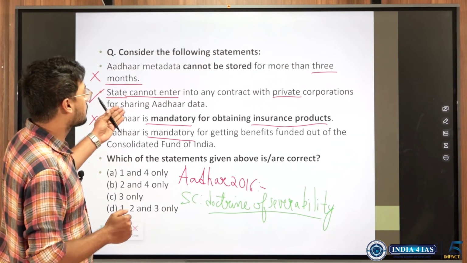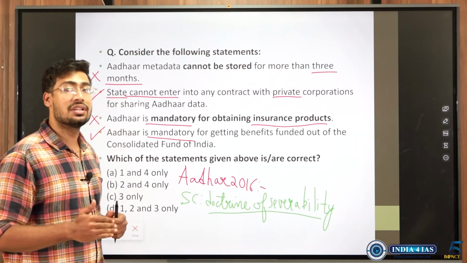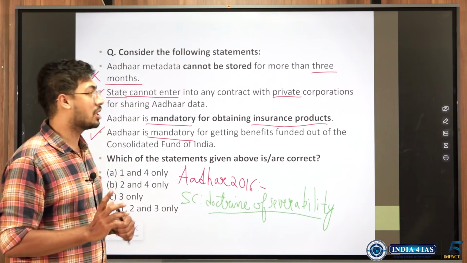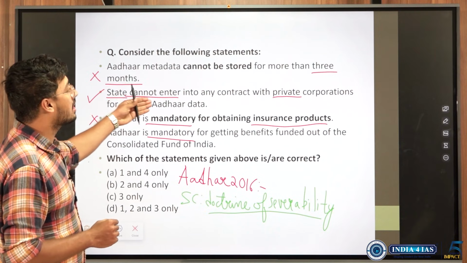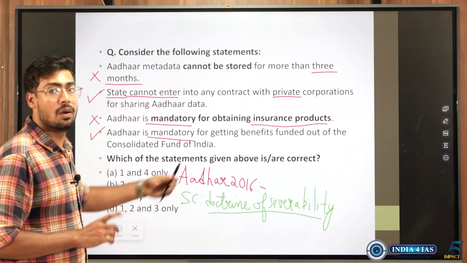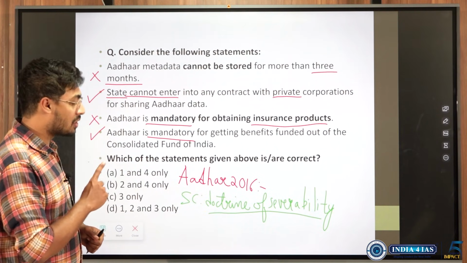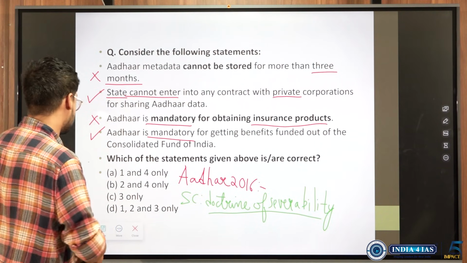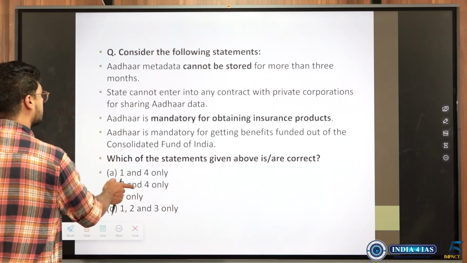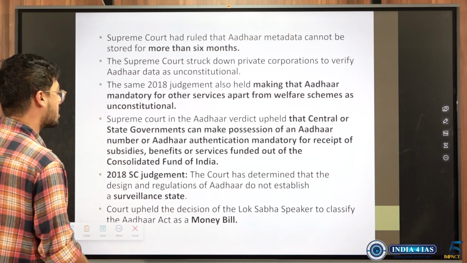And Aadhaar data cannot be stored for more than 6 months. Supreme Court gave the timeline too through its provisions. Initially, state wanted to enter into contract with private corporations, but Supreme Court reversed this decision and said it cannot share data with the private corporations. So same thing has been mentioned here.